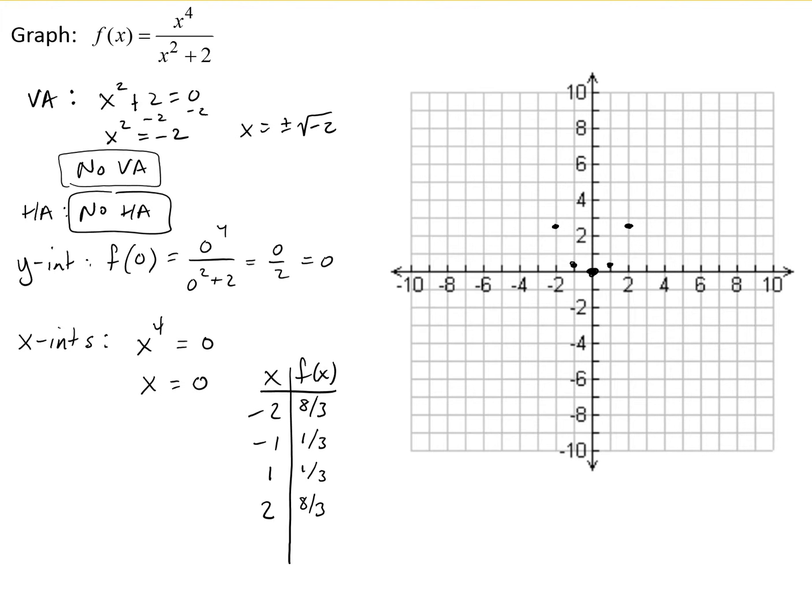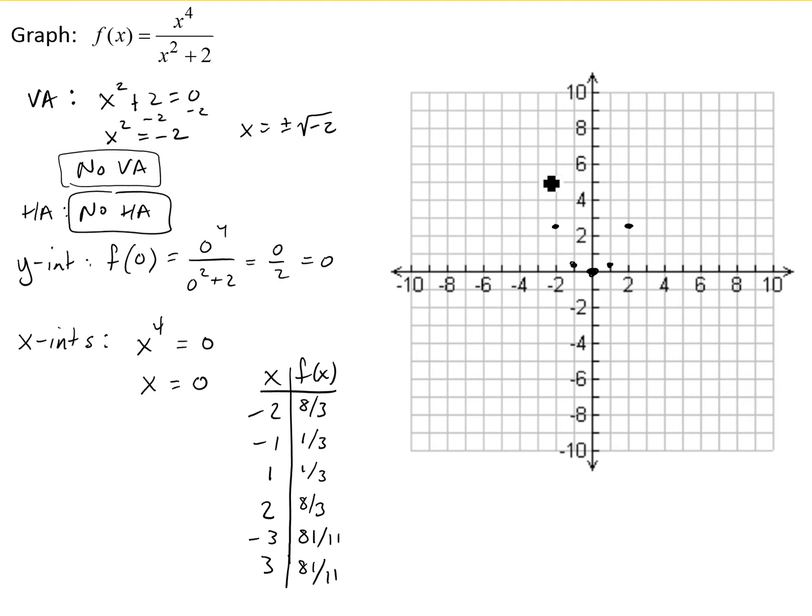So if it's still unclear as to how to complete the rest of the graph, we may go ahead and plug in a 3, negative 3. And each of those is going to give us 81 over 11, which is a little more than 7.